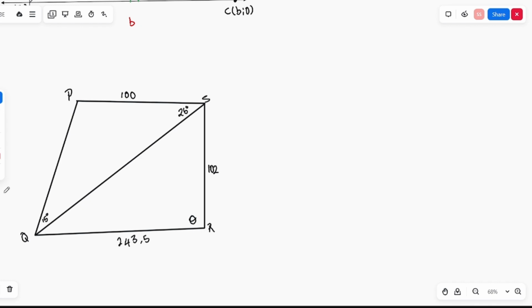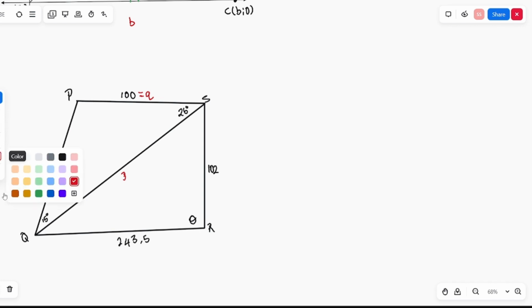So the side opposite angle Q is going to be our small letter q, and the side opposite angle S is going to be our small letter s, and the side opposite angle P is going to be our small letter p.